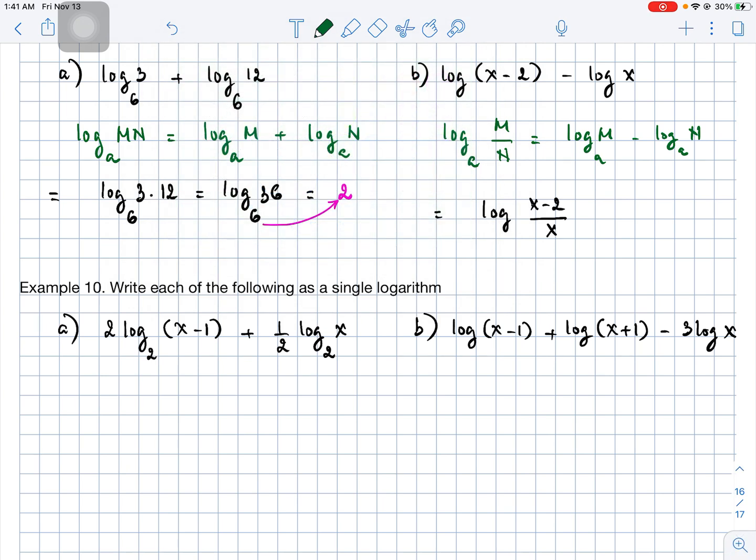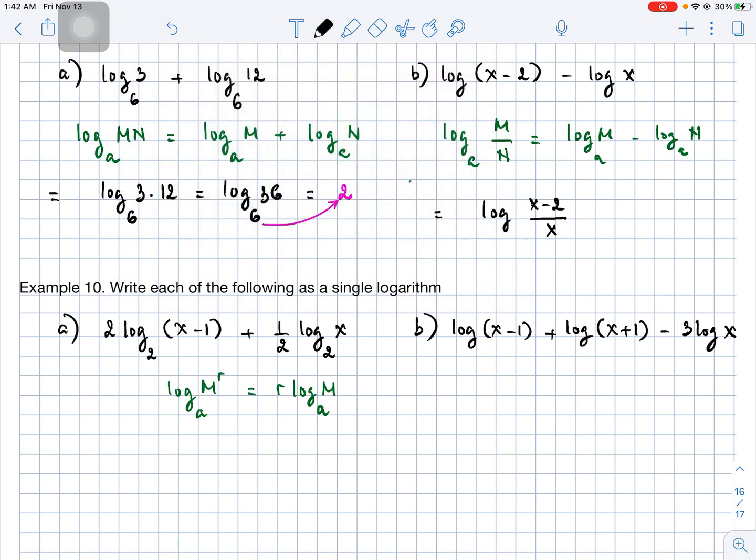If we have a number in the front, then we can move it back to the exponent. Because from the exponent, it moved down to become the factor. Now, if it's a factor, you can move it up.